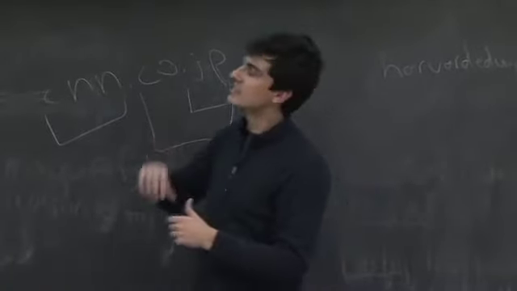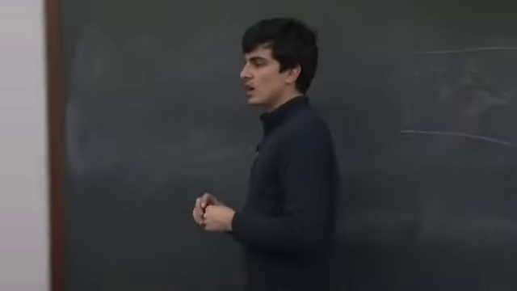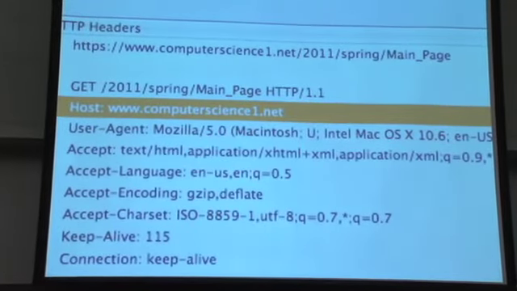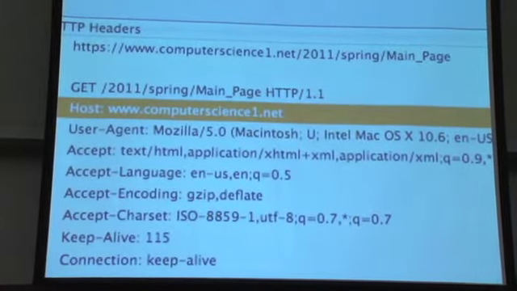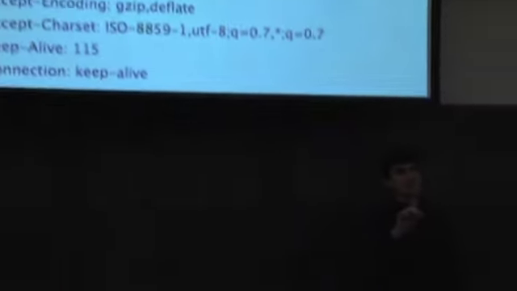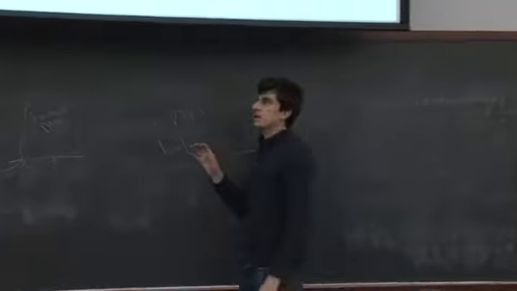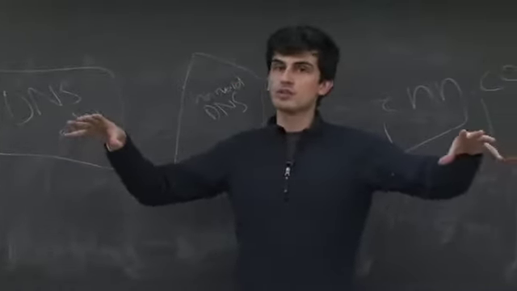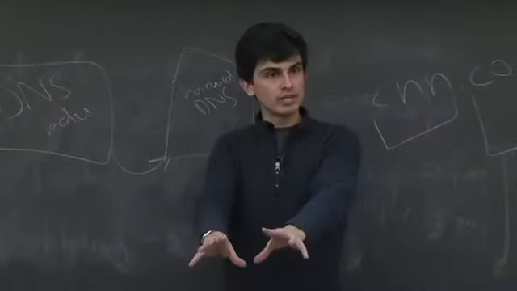Now, my request isn't actually done. I can send a variety of other things as well. For example, Host. This may seem redundant to tell the server what server I want to get the data from, since I'm already connected, but it's important because we talked about how multiple web pages, multiple domains, can point to the same IP address.